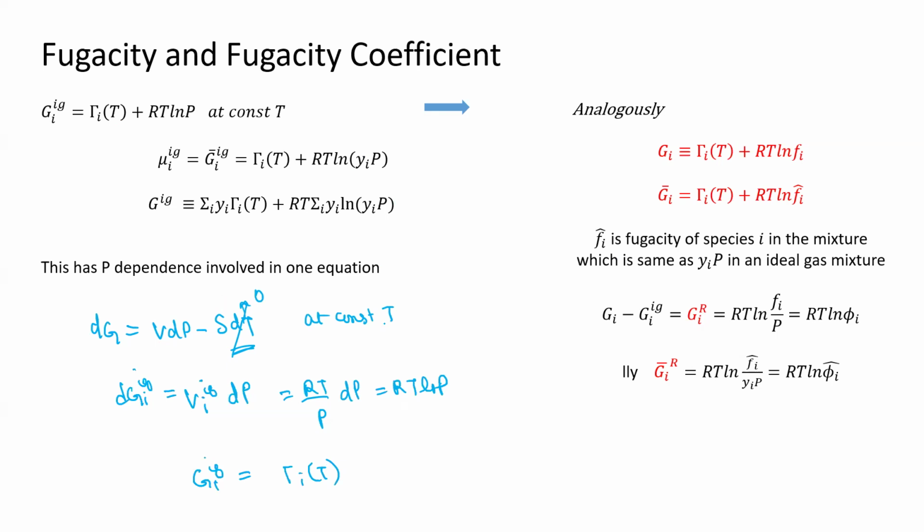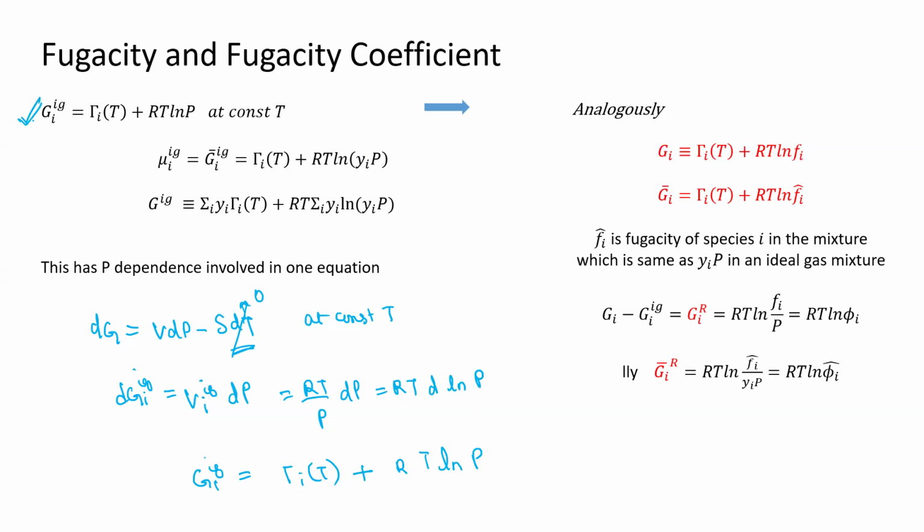So at constant T, this should be used. So that constant is dependent on temperature, plus RT ln P. Fine, so this is derived here.